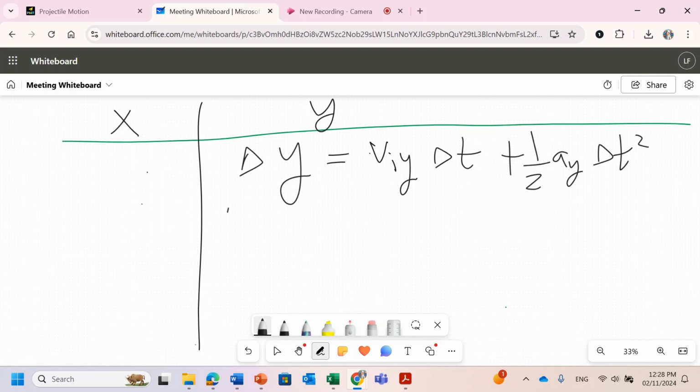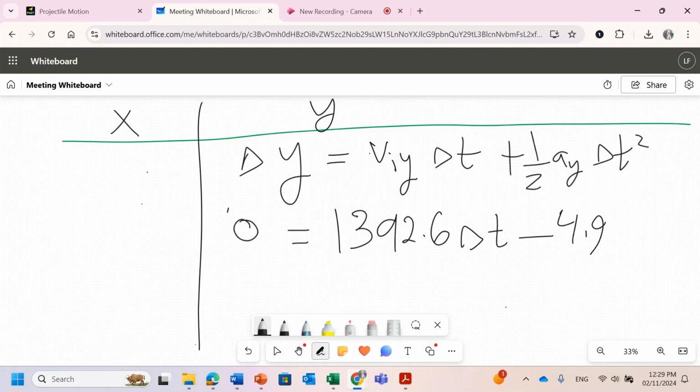Delta Y, we said, when it lands is 0. So this will equal V initial, which is 1392.6, we've just calculated. If you're following along with me, please take notes. Times delta T minus, acceleration in Y direction is negative 9.8, divided by 2 is 4.9, delta t squared.